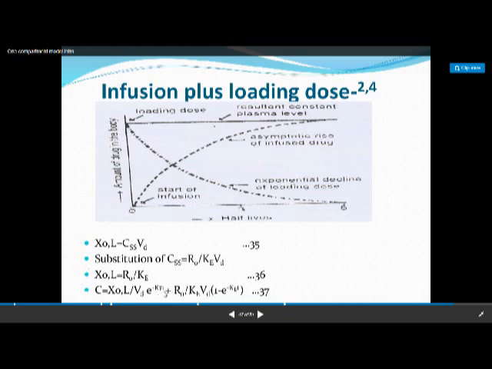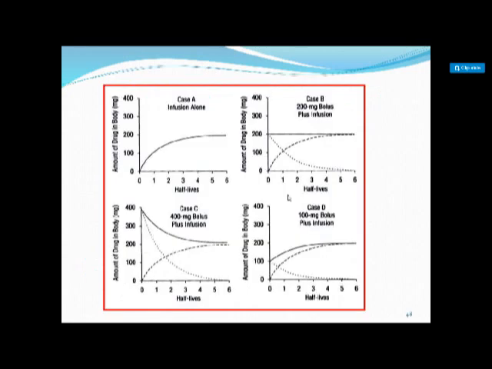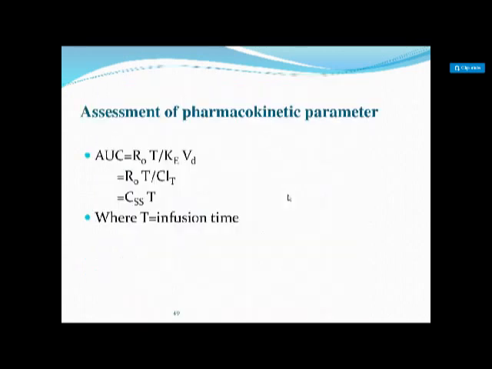So if you add the IV bolus plus IV infusion, we get the total concentration, that is infusion plus loading dose, to maintain the plasma level of drugs which have very long half-lives. So these are the examples or certain graphs.